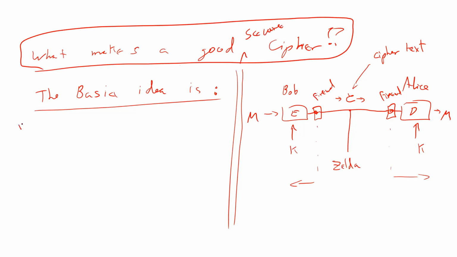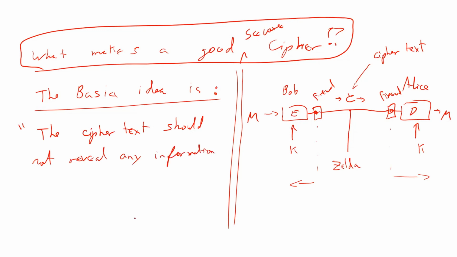So you have to frame that in some way. The basic idea is the ciphertext should not reveal any information about the plain text.